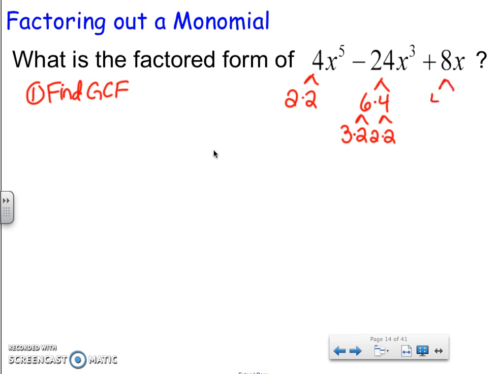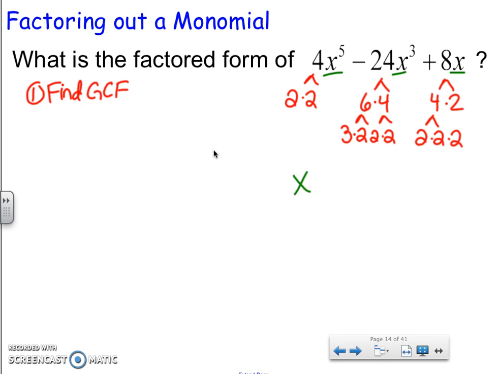And then I know 8 can be 4 times 2, and then 2 times 2 times 2. Okay, let's not forget about our x's. Remember, out of an x^5, x^3, and 1x, you're going to take the smallest out. Okay, so we would only take out 1x for our GCF.